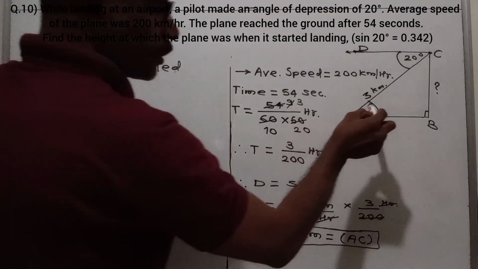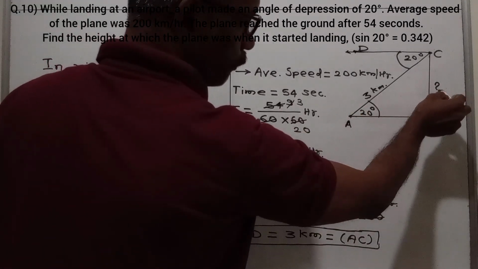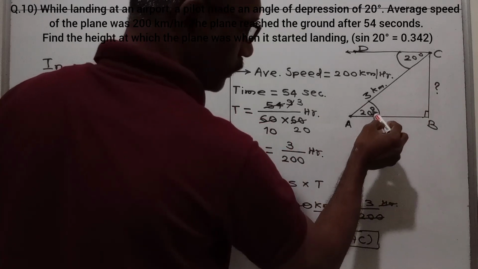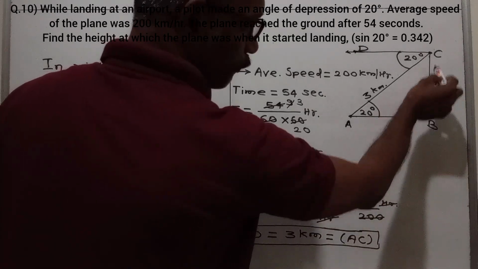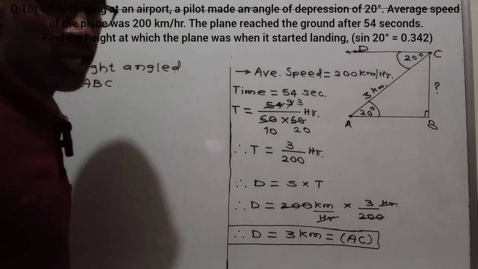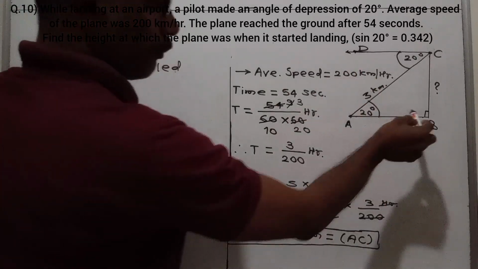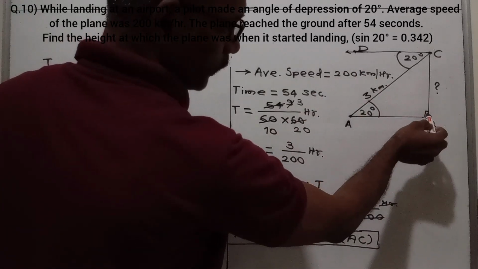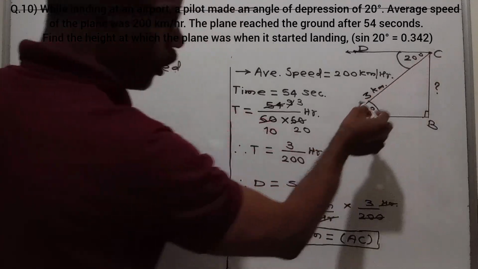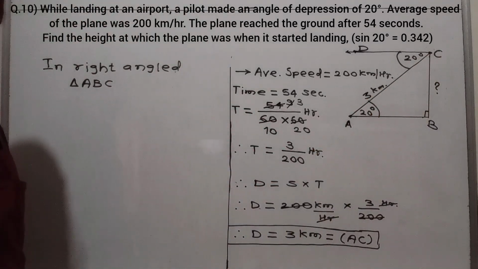Now see this, we want to find the opposite side, this is the angle, we want to find the length of the opposite side, and we know, this is the right angle, we know the value of the hypotenuse.